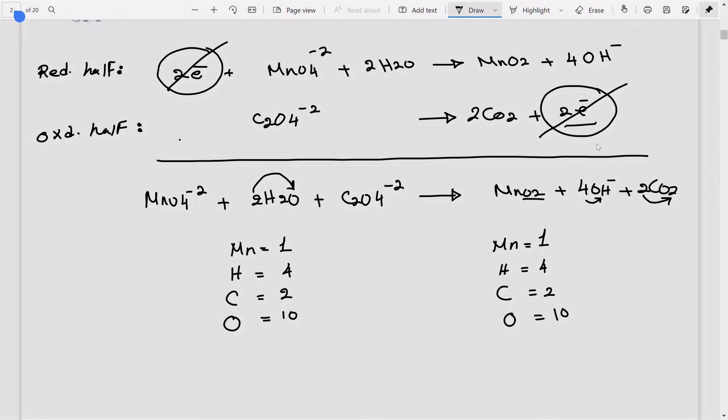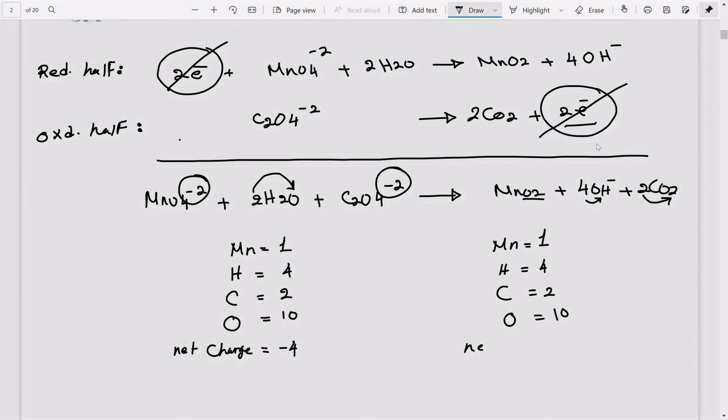Now I need to find if my net charge is equal in each half. So the net charge on my left side is equal to -4. -2 here and -2 there, so that will give me -4.